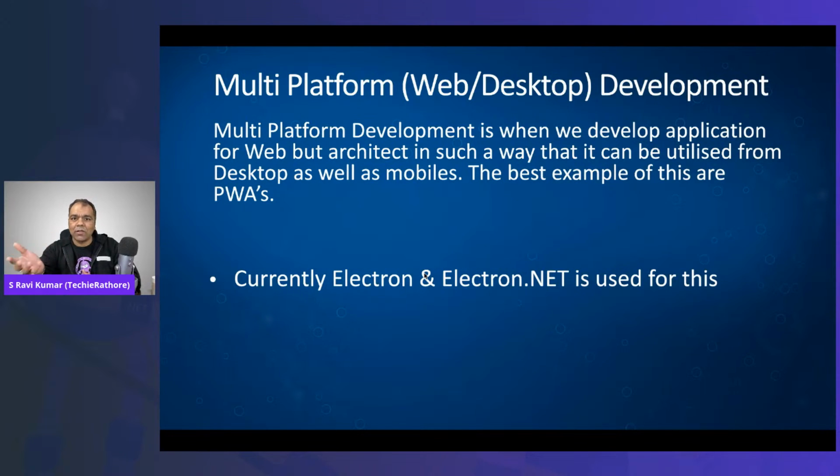So you can use Angular or Vue.js to develop a desktop application which can be executed on various desktop platforms, be it your Mac OS, your Windows OS, or your Linux OS. And the .NET port of Electron is called Electron.NET.